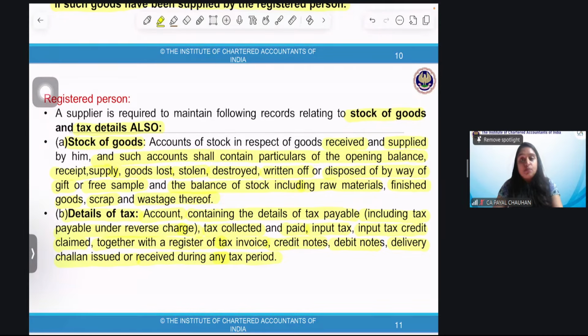So these are two main accounts which are to be maintained. The first one is stock of goods and the other one is detail of tax.